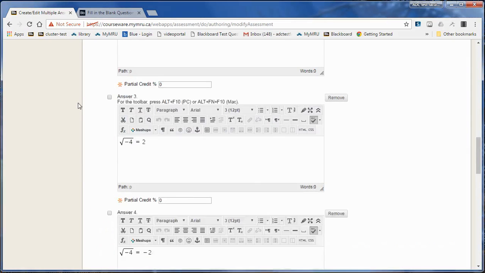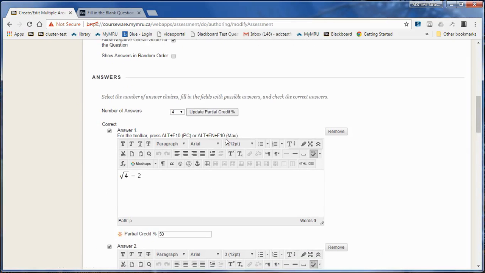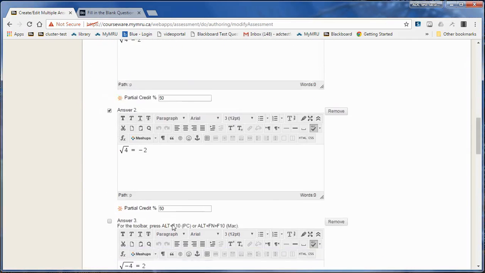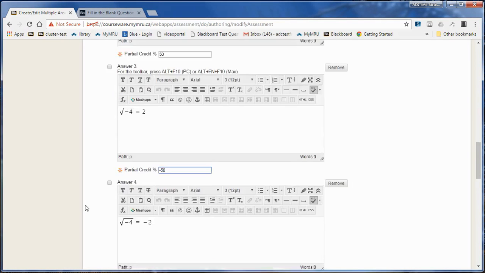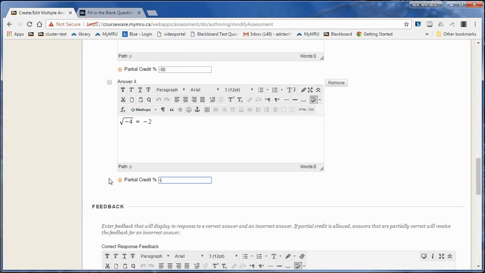Okay, and then those are not correct. Then I hit Update Partial Credit, and it recognized that the correct ones are correct and should get half a mark each because there's 4. The incorrect ones, I actually have to manually put them in. So I'm going to put manually negative 50% for this one and negative 50% for that one.